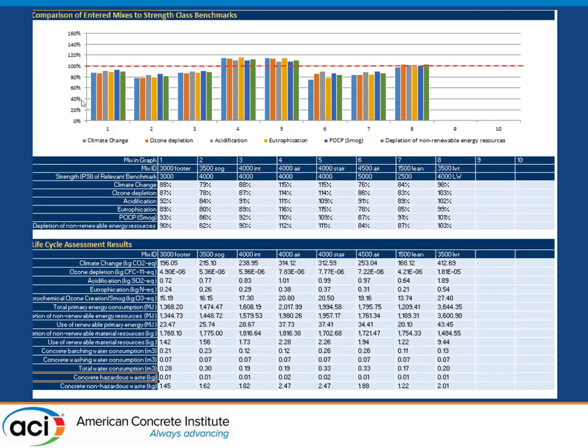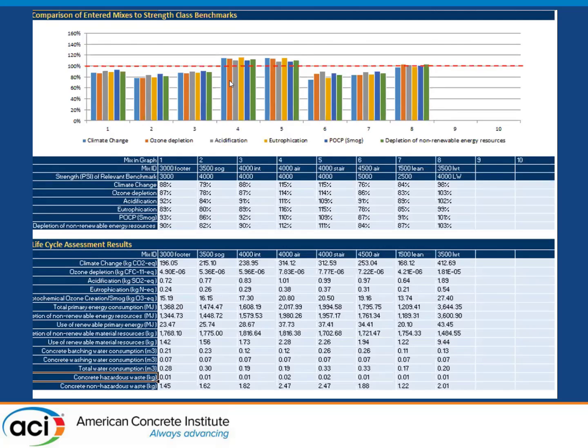So if we look at the first mix, which is that 3,000 footer, looking at that credit, we can see that we're below the industry benchmark. So they would be able to get points for that first mix, and that second mix, which is a slab on grade, as well as the interior floor, they'd be able to get reductions.